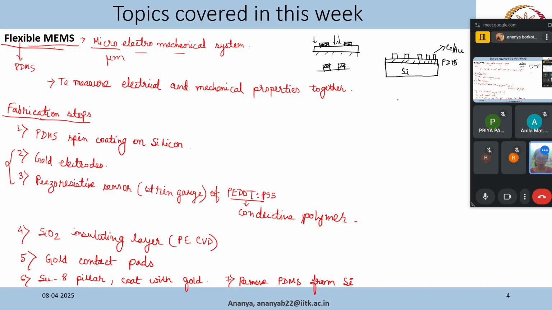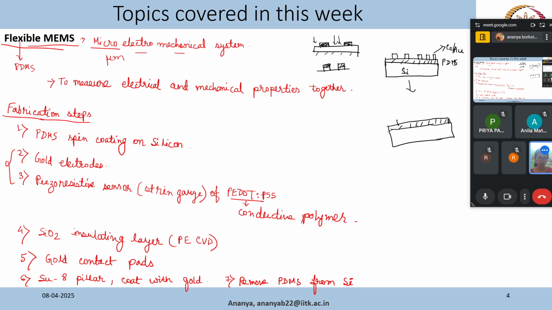Okay, after that we will make the strain gauges. For that we will use PEDOT:PSS. We will evenly coat it. It's a conductive polymer, so we can coat it very easily. Because this is a polymer, so this is our PDMS.